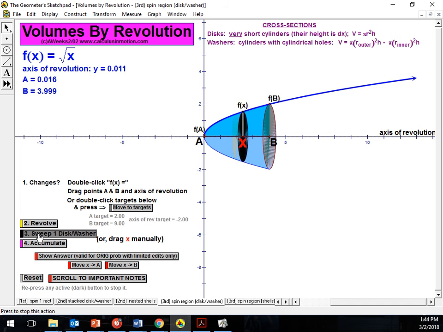My f of x keeps getting bigger as I go. It's increasing, so the whole thing is like a bell shape, and the bottom of it keeps getting bigger.